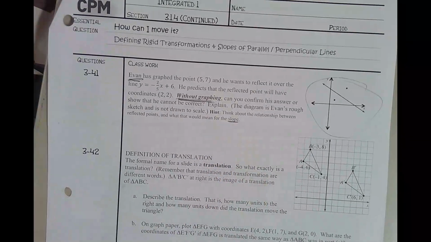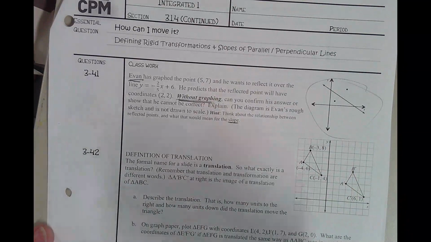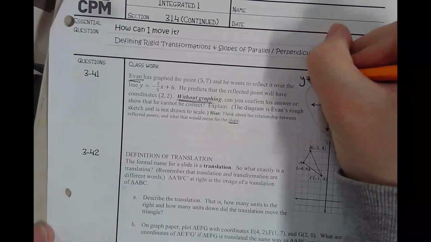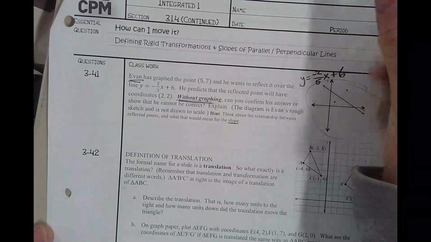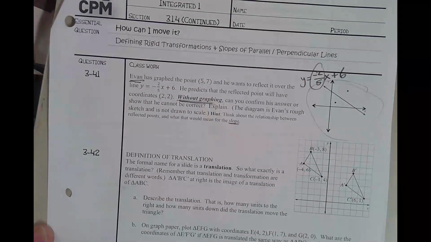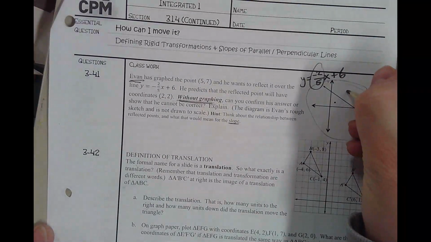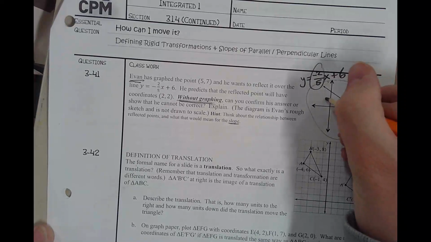Oh, this is a tough one. All right, I want to give you a couple of minutes to think about this one, and then we're going to go over the answer. So we know two things. This line is y equals -2/5 x plus 6. What's the slope? Now we're also given this dot, which he claims is 5, 7, and this one is 2, 2.